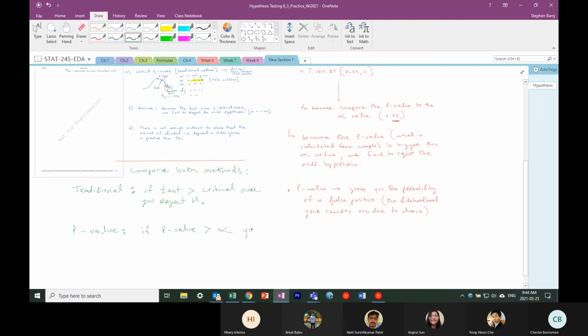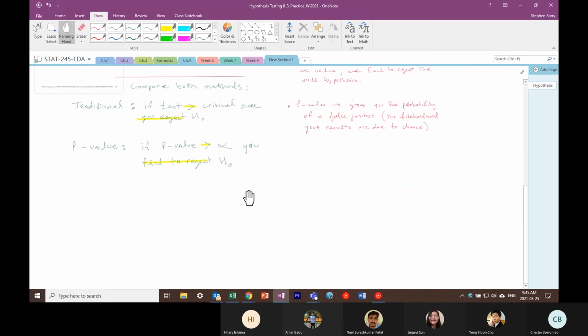You do not reject, you fail to reject the null hypothesis. Here, if this is greater than that, you reject, but there, you fail to reject. And so that is confusing when you first learn about it. You want a small p-value. I guess that's another way of making a conclusion here.